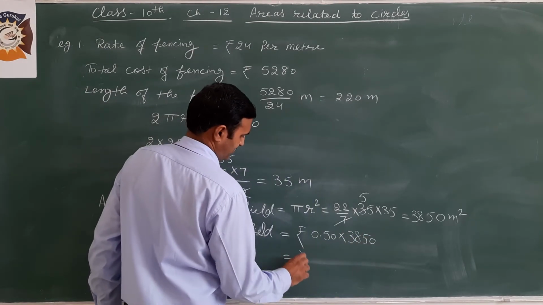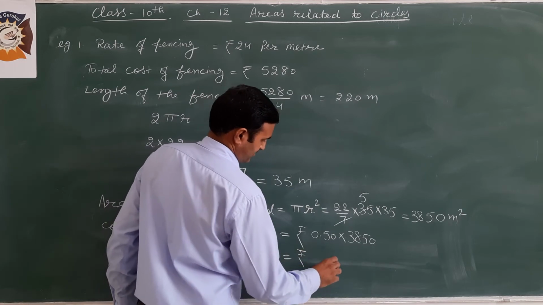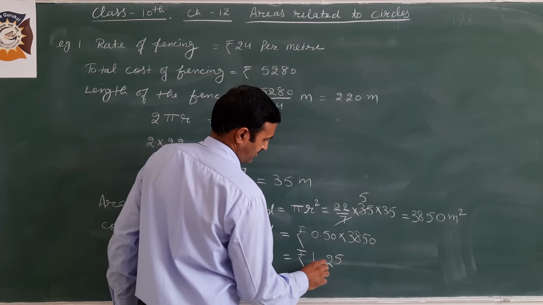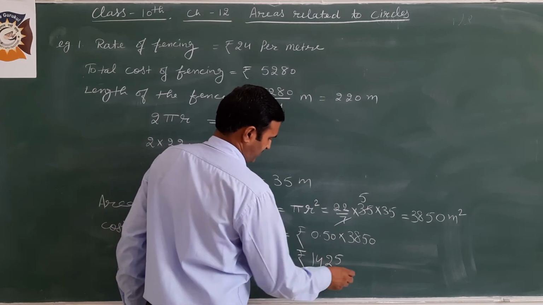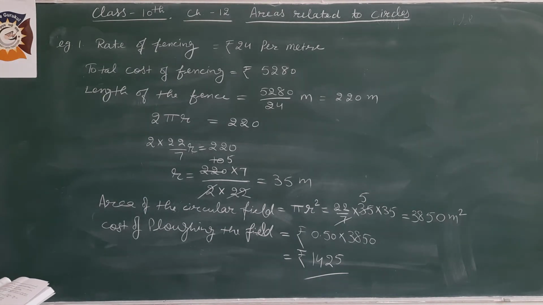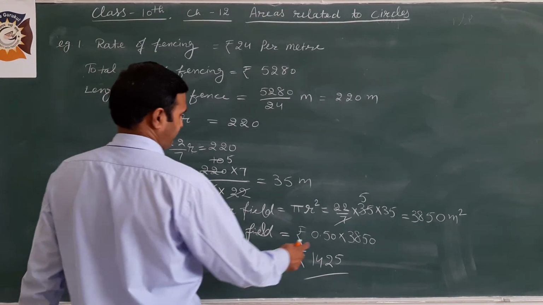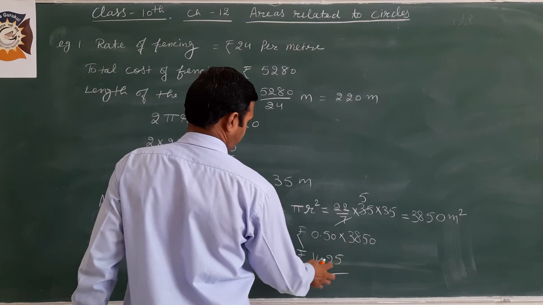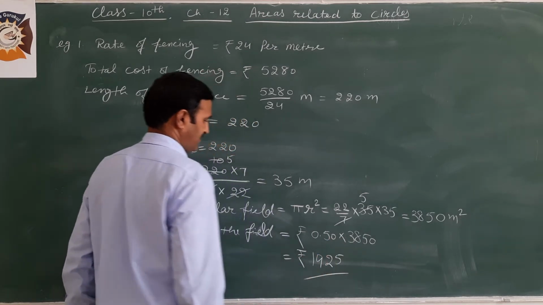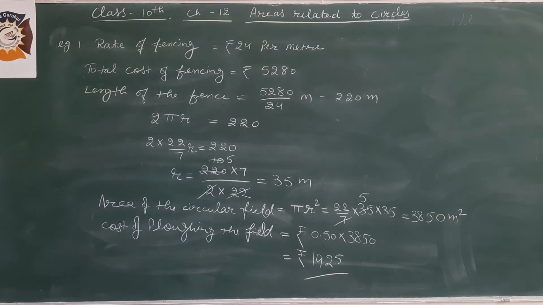So the cost is 1925 rupees. 1925 rupees is the cost of ploughing the field.